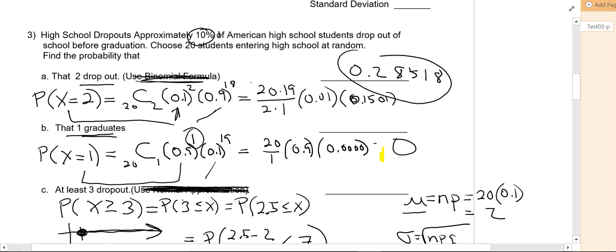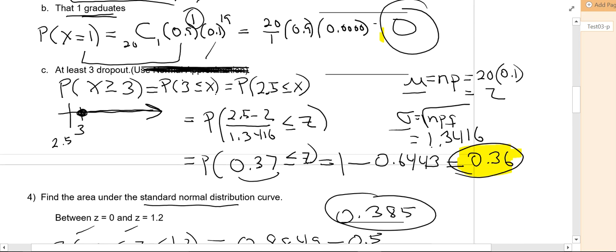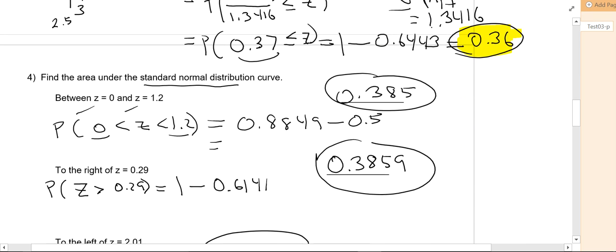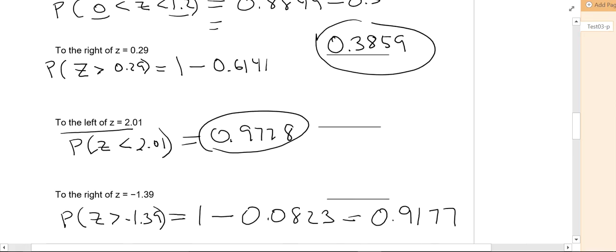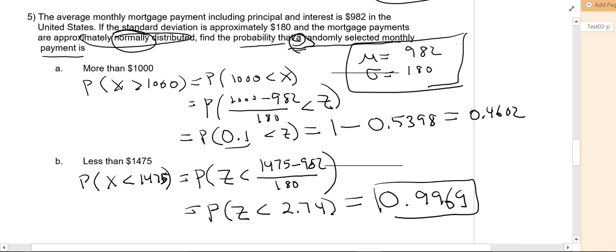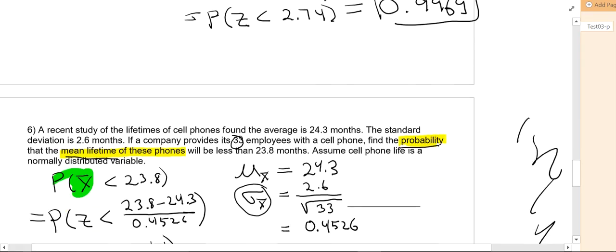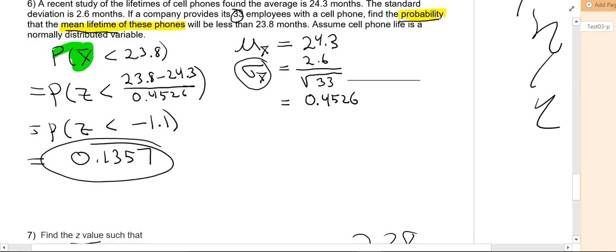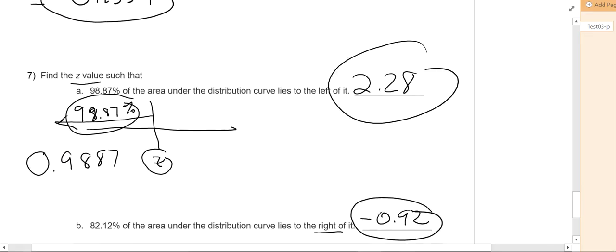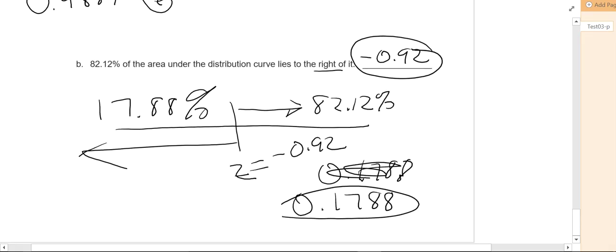Here's 3A, B, C, 4A, B, C, D, 5A, 5B, 6, 7, and the last one, right? Oh, that's not the answer. You know what that is.